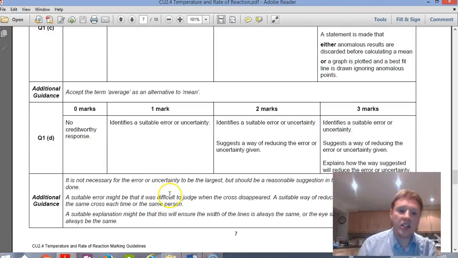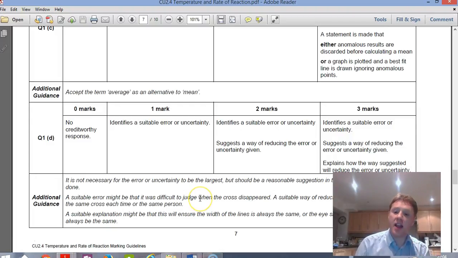this is the sodium thiosulfate reaction. This is talking about when the cross disappeared. You've got two colourless liquids, sodium thiosulfate and hydrochloric acid, and they react, and one of the products is solid sulfur, which is a precipitate.